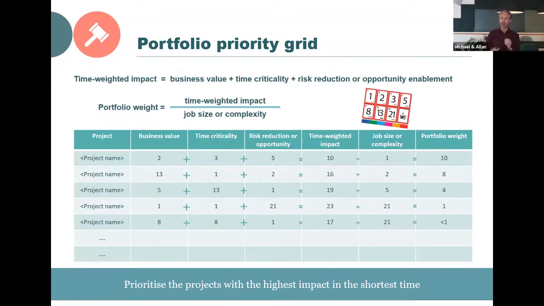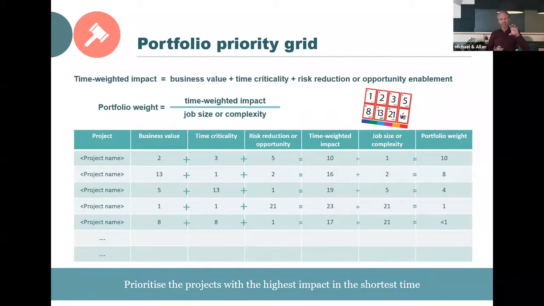The time-weighted impact will then be divided by the actual job size or the complexity of the project that you face, which will give you a portfolio weight. This number can help you to figure out which projects actually provide a pretty quick impact and which projects are very complex and might be a good idea to wait with.